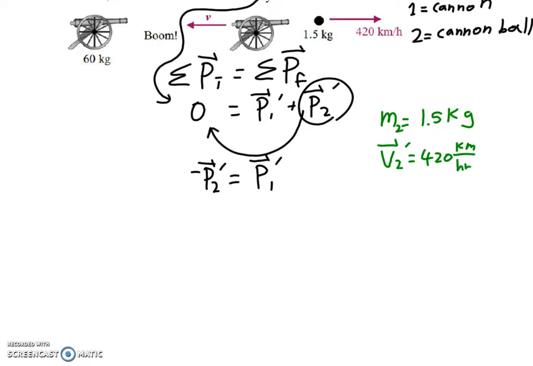Now remember from Physics 20, kilometer per hour has to be changed into meter per second in most situations, especially with dynamics where Newton's laws occur, because force, which is mass times acceleration, is in kg meter per second squared, and we define that combination as the newton.